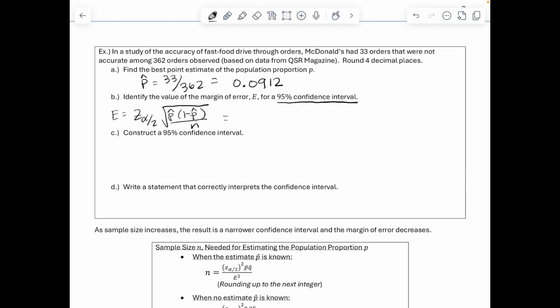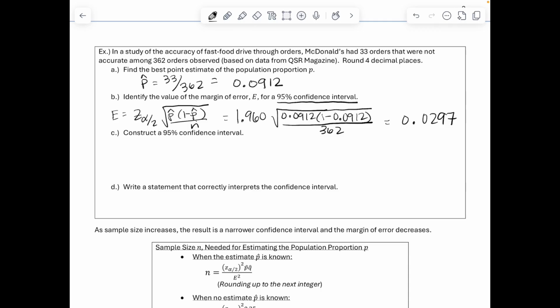So again, from page 2, we have z alpha over 2 is 1.960 times the square root of 0.0912 times parentheses 1 minus 0.0912, close parentheses, divided by 362. From the calculator, you get 0.0297.